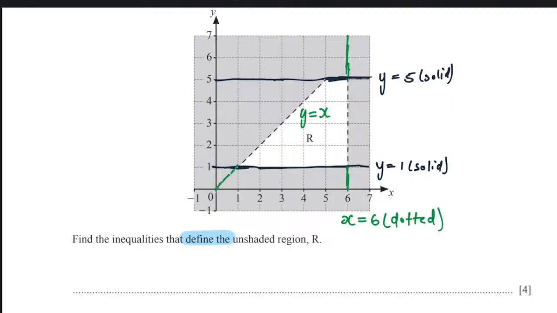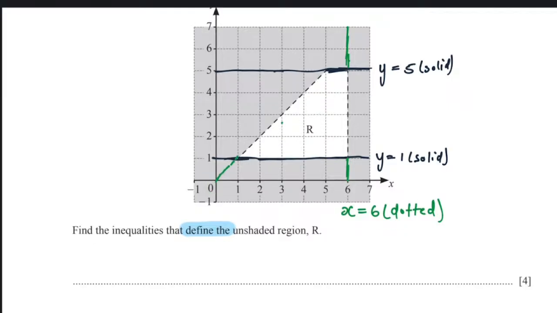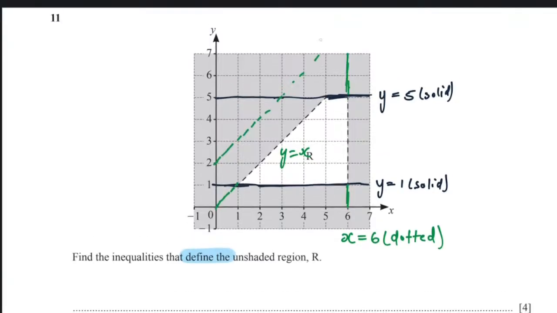If it passes exactly at 0, then it's just the line y equal to x. But if it was passing, let's say, dotted, dotted, dotted, and it passes at 2, now you can see it starts at 2 and it's going up. So this is obviously the line y equal to x because it's going box to box, but then you should say plus 2 because it passes at 2.